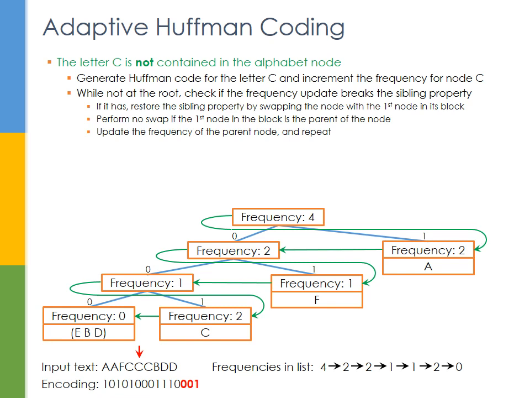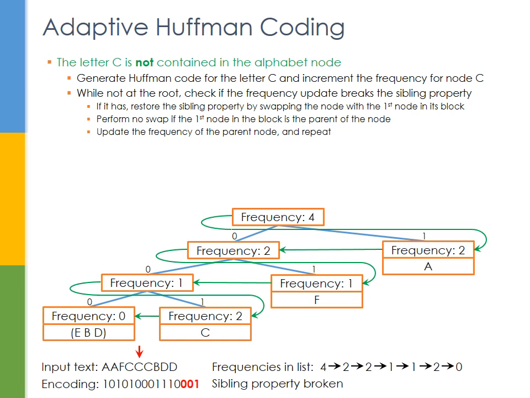So if we then check our frequency list over here, we can see that the sibling property has been broken. We have a decreasing sequence, but at this point here with this 2, which corresponds to the frequency that we've just updated, we now have an increase, which is an anomaly, and that breaks our sibling property.